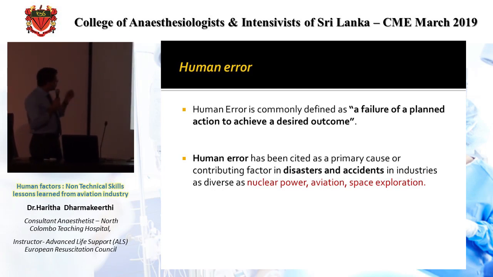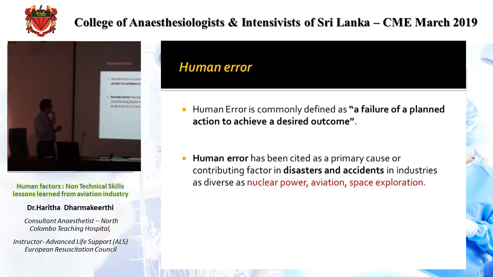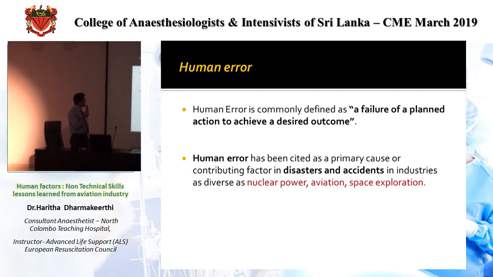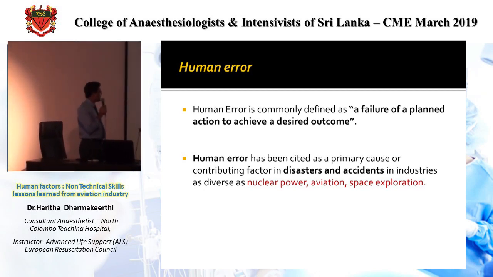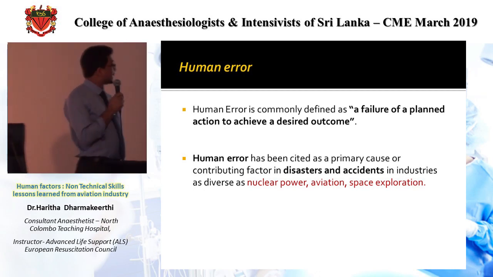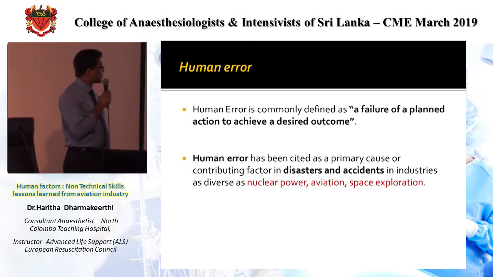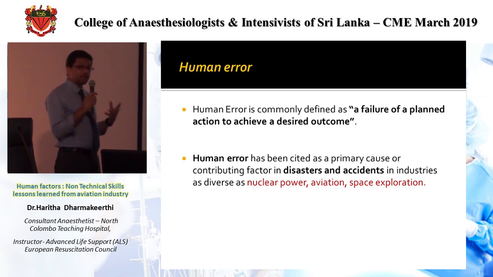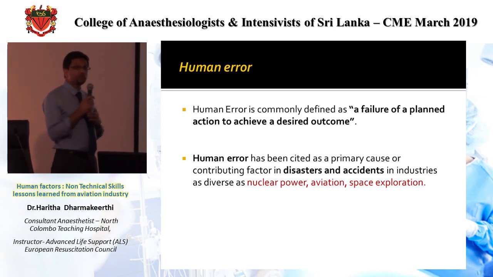But the problem is this human error has been cited as the primary cause or contributing factor in disasters and accidents in industries like nuclear power, aviation, and space exploration. We have not actually understood whether it has affected medicine until recently. So that is the problem.